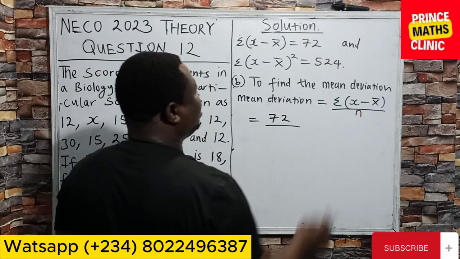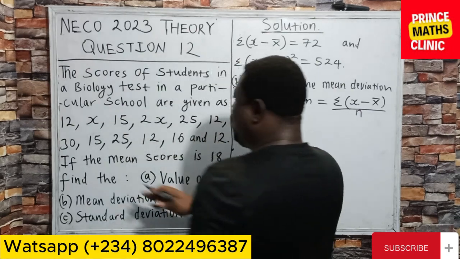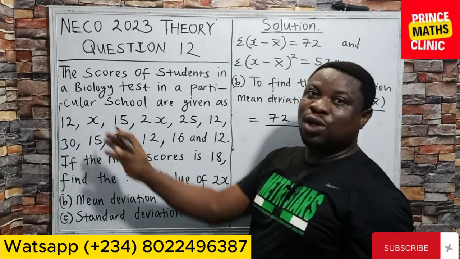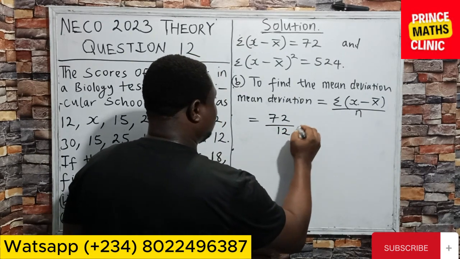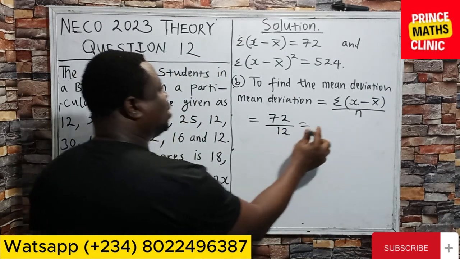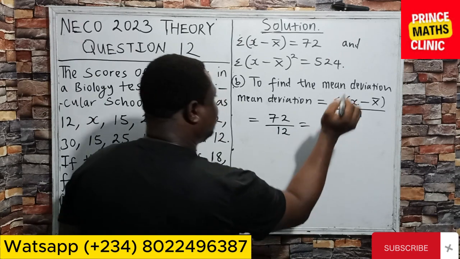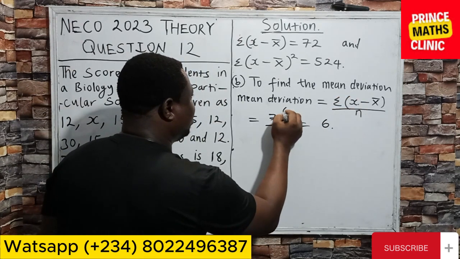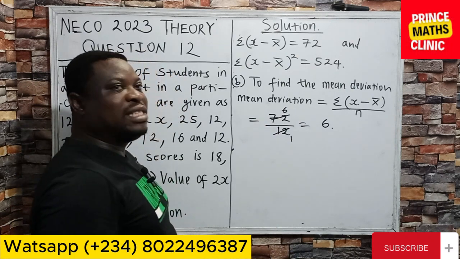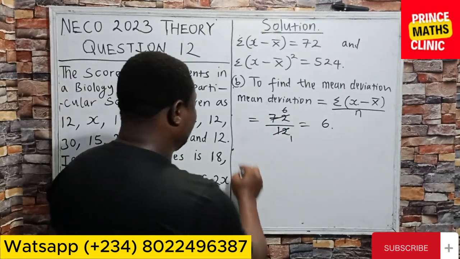Then our n is the number of data, and when we counted everything, the observation is 12. So we put down 12 here. And 72 divided by 12 is 6. So that is the mean deviation.